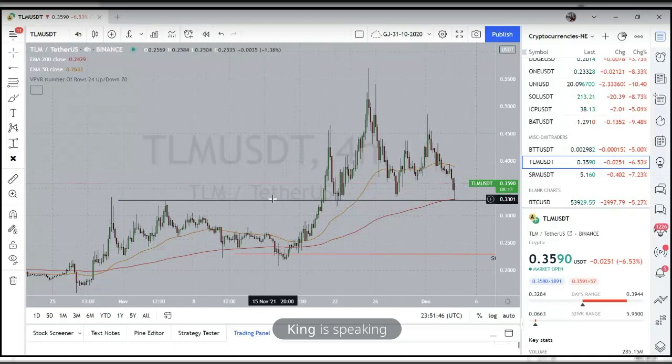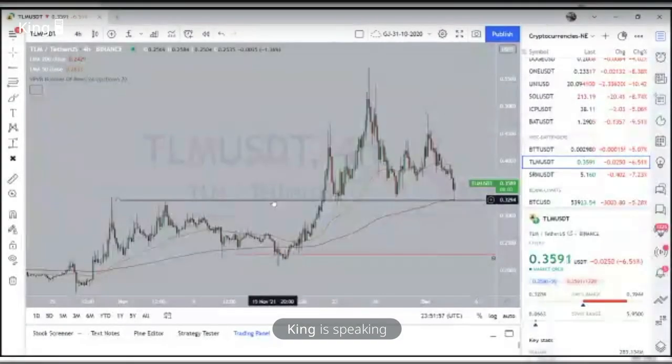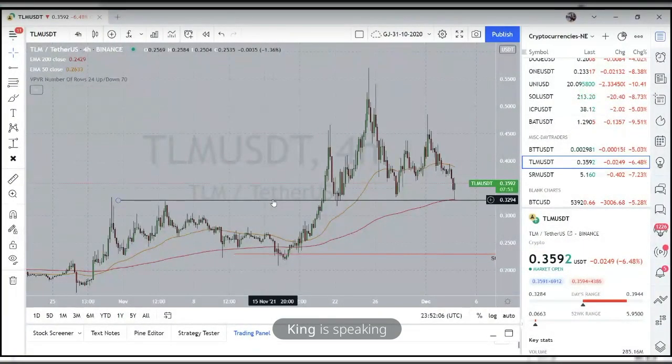Let me just mark out that as well. So yeah, larger stop here, wider, so we get the possibility of this dip down into this support occurring.